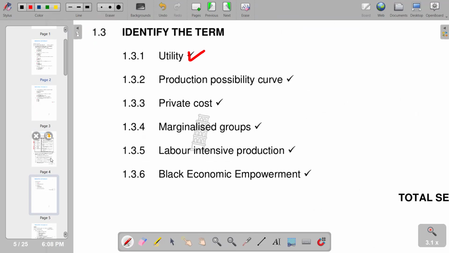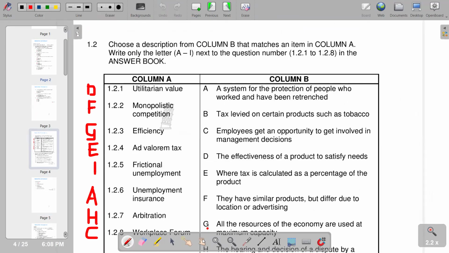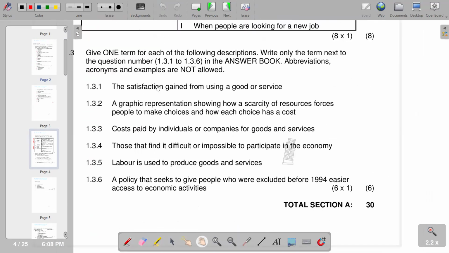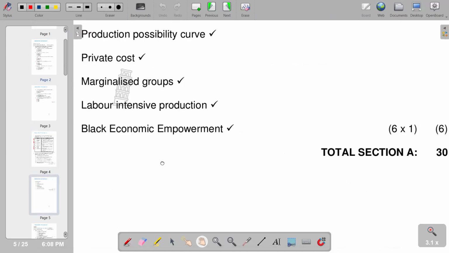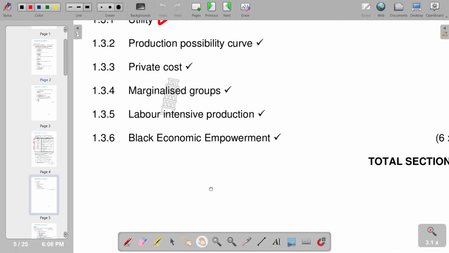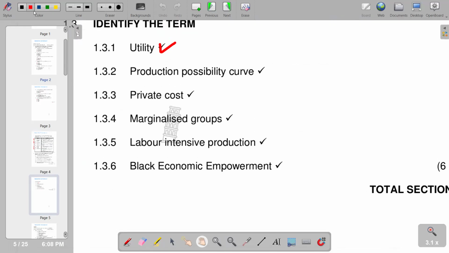Then move on to the next part, which reads, a graphic representation showing how a scarcity of resources forces people to make choices and how each choice has a cost. So according to our responses given, this is the production possibility curve, which is the PPC.